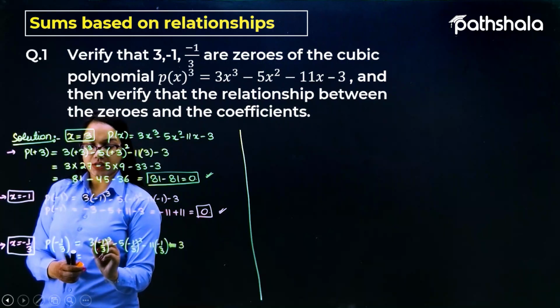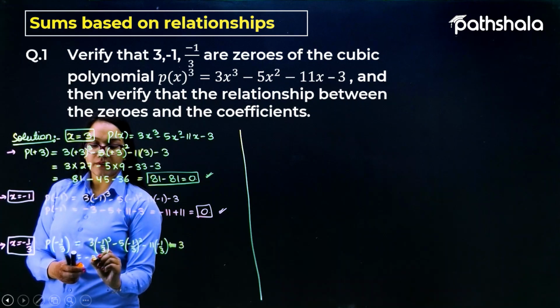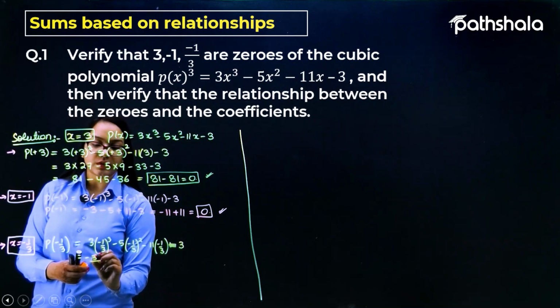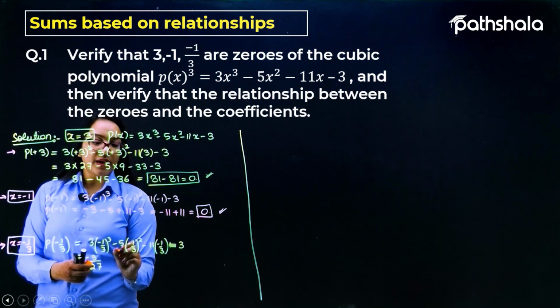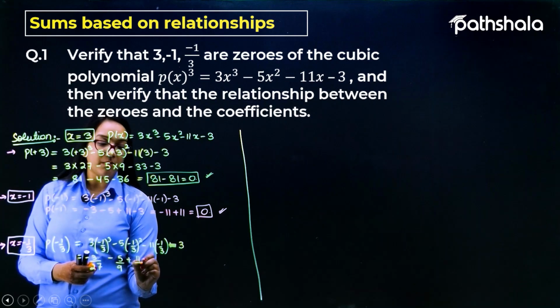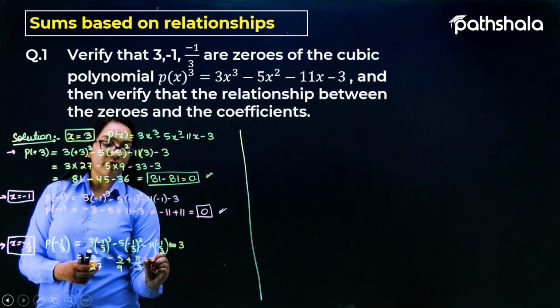Now let's solve it. It is minus 3 divided by 3 cube. So 3 into 3 is 9, 9 into 3 is 27. So this is minus 3 by 27 minus 5 divided by 9 plus 11 by 3 minus 3.